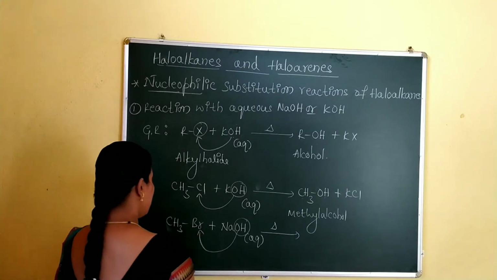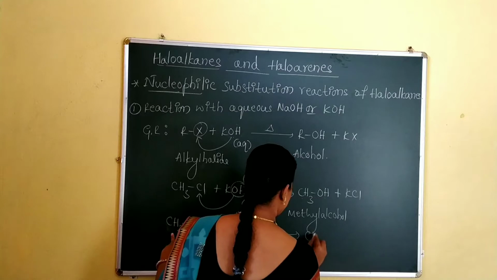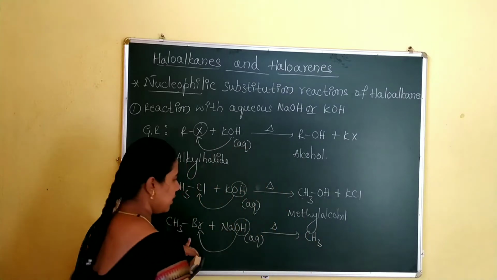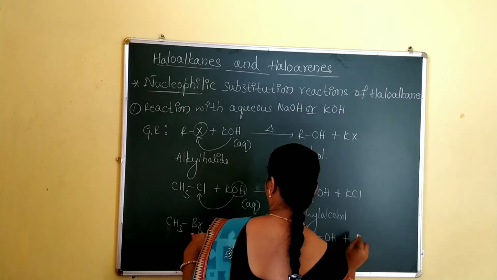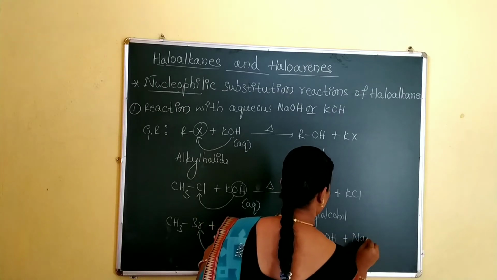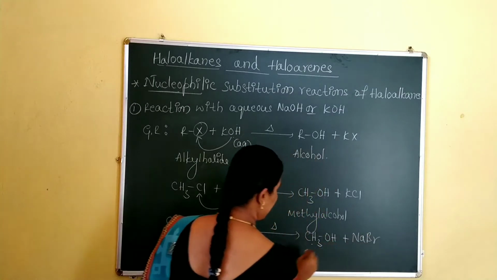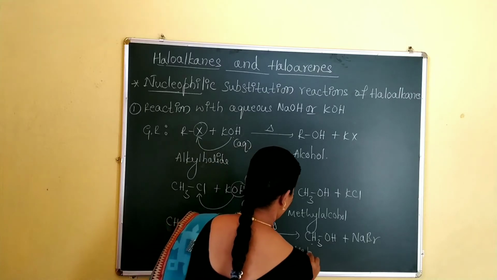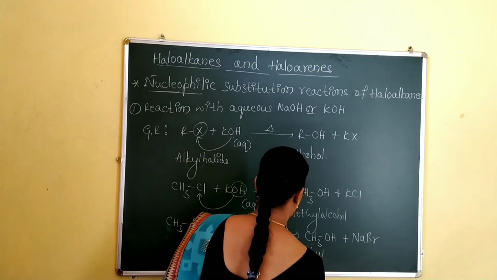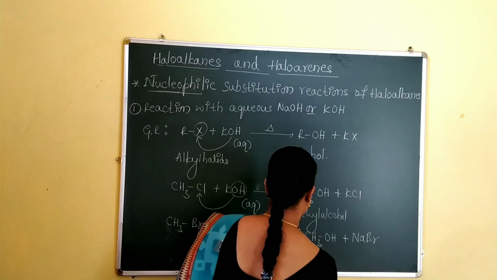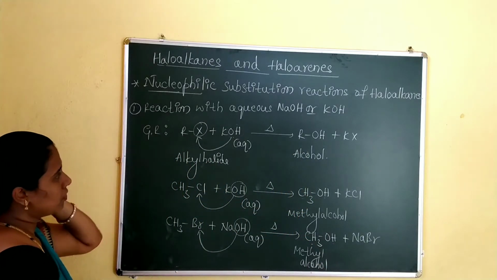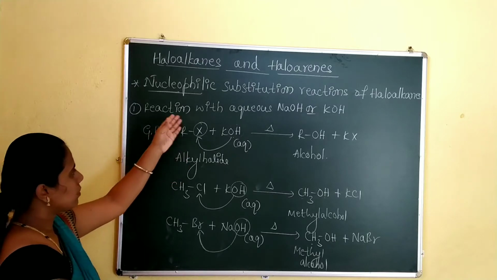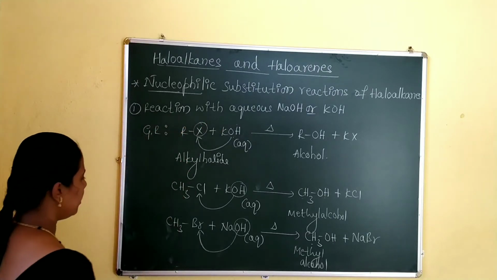Here Br is the existing halide group. CH3OH plus NaBr. This is methyl alcohol. Okay, this is about the reaction of haloalkanes with aqueous KOH and NaOH.